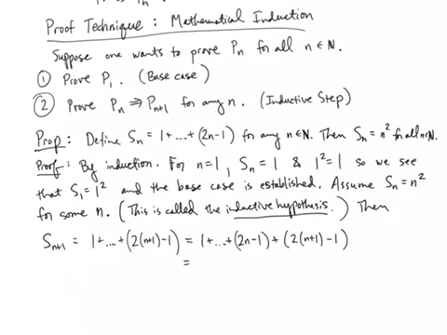Right, and that is equal to S sub n by definition, right? Every term with the last one added together, that's S sub n, and then just a little bit of algebra like we did before gives 2n plus 1 as that last term. And this is equal to, by the inductive hypothesis, S sub n is equal to n squared. So this is n squared plus 2n plus 1. And again, we remember that's n plus 1 squared.